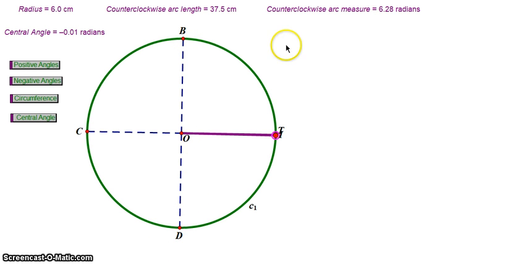And again, if we multiply, the length is 6 times 2 pi, or 6 times the 6.28. There we go. So that's where we get the circumference from.